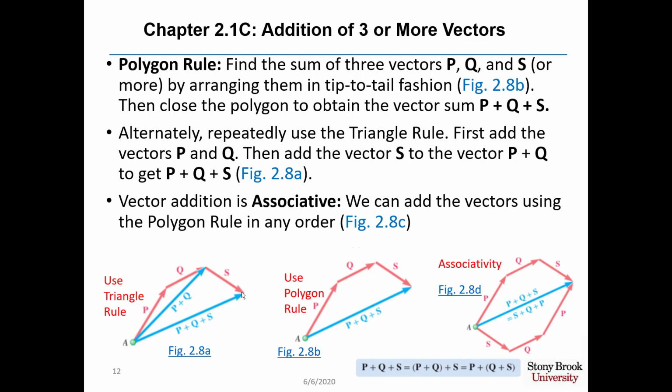We can add the vectors using the polygon rule in any order, and that's shown here in figure 2.8d, where we show that p plus q plus s is equal to vector s plus q plus p, because putting those vectors in different orders tip to tail still brings you back to the same point, which is the tip of the vector p plus q plus s.